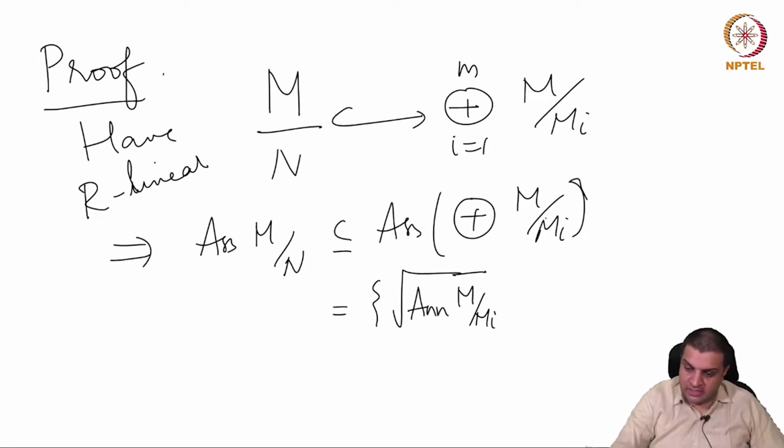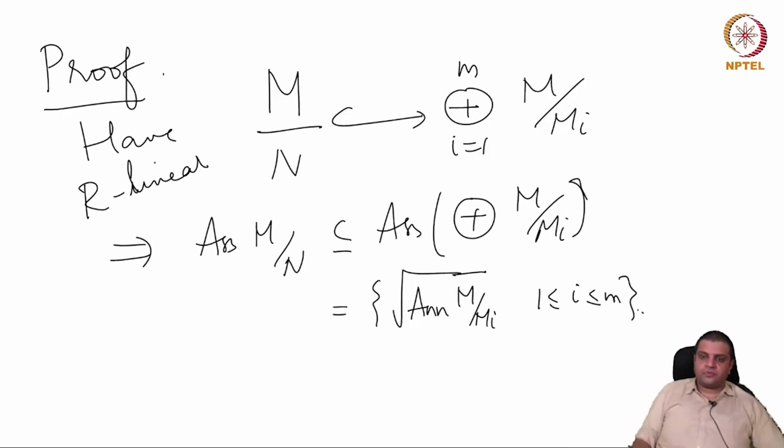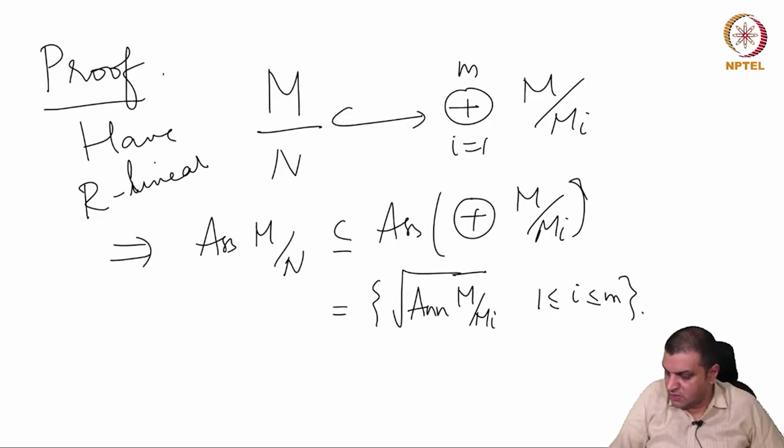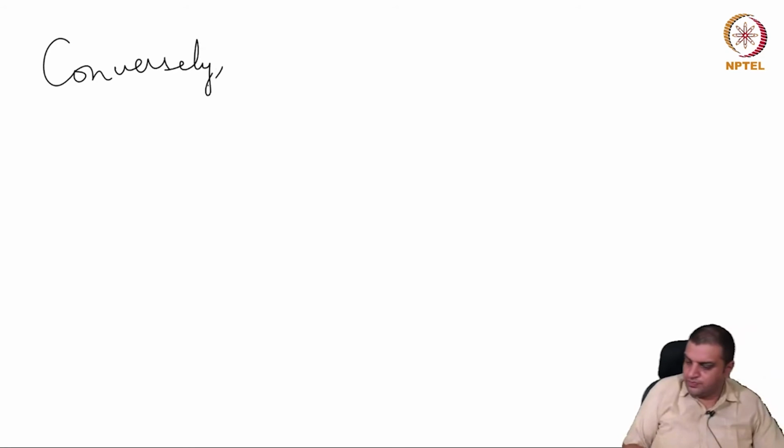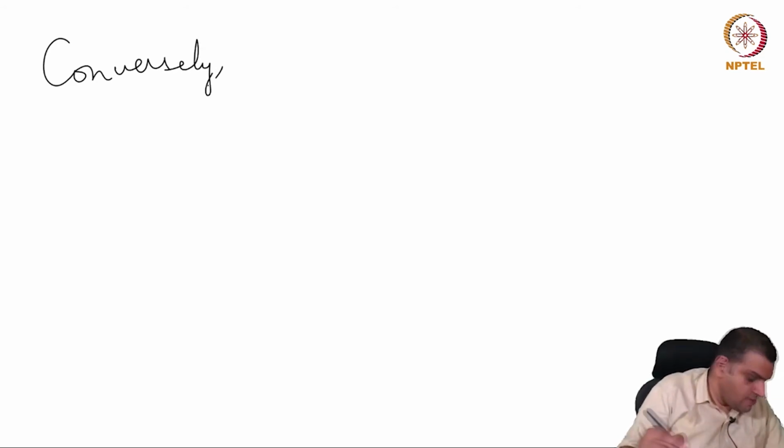From each factor in the union, one gets exactly one prime. So the associated primes of M mod n is a subset of the associated primes on this side. This is the slightly easier direction. Now conversely, so let's write.